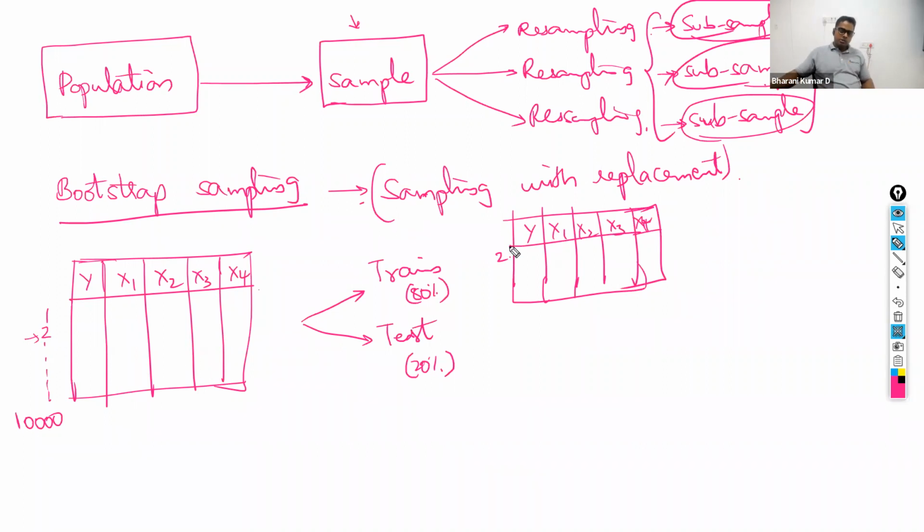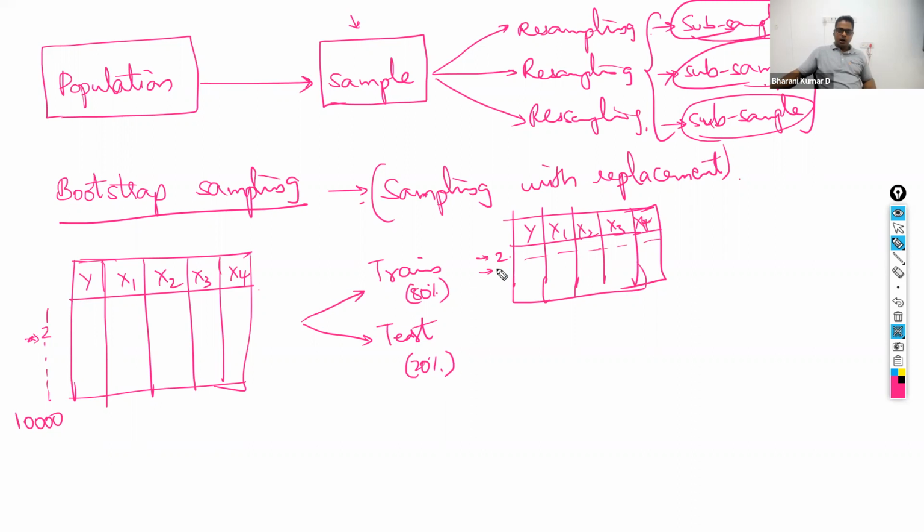Now, when the next observation should be randomly sampled, do you know what? Again, you're going to randomly sample from all 10,000. 2 got selected does not mean 2 will be removed. 2 got selected, you put it here. For the next sample, again, randomly from these, you select.